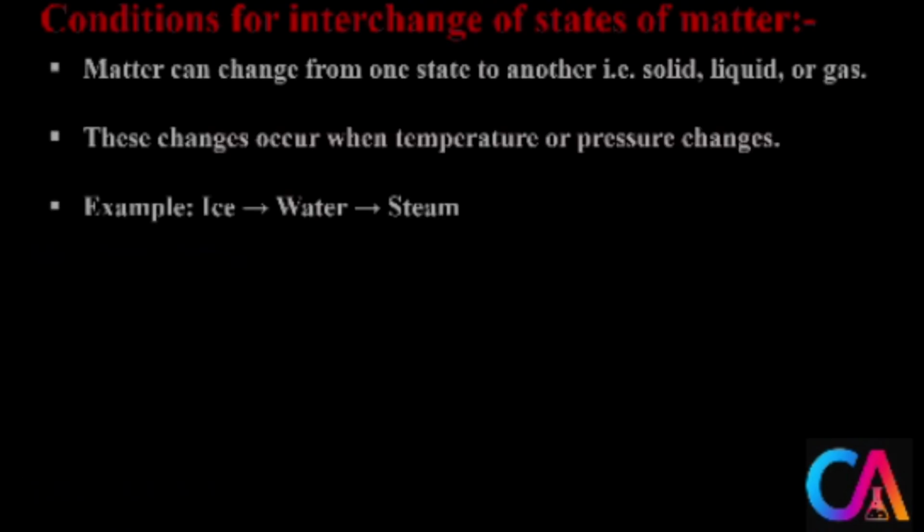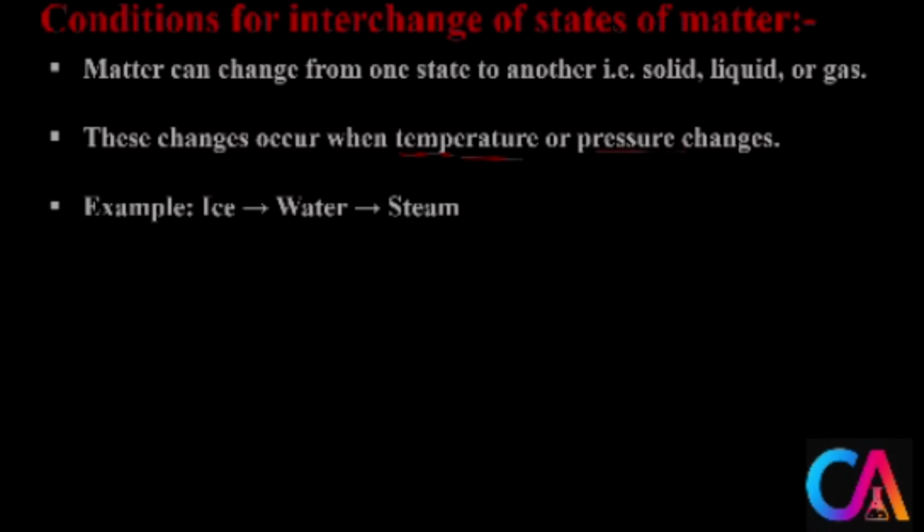So, matter can change from one state to another, that is, from solid to liquid, or liquid to gas, or gas to solid, or gas to liquid, etc. You will see it. These changes occur when temperature or pressure changes. This is very important: temperature or pressure, or both, can change.